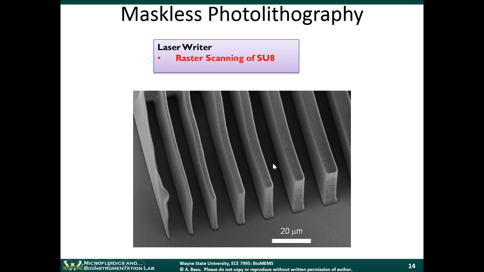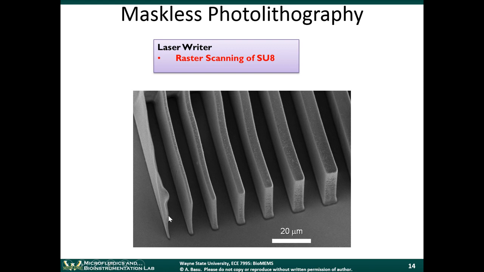This actually shows something else interesting that doesn't have to do with maskless lithography per se. It could have to do with any type of lithography. What we're seeing here is that the height of these structures is the same, but as we go to the left, the structures are getting progressively more and more narrow. So the aspect ratio of the structures is increasing as we go to the left.